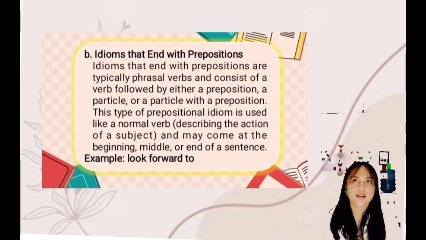Phrasal verbs are language constructions that consist of a verb followed by one or more words, which can be a preposition, particle, or a combination of both. In such idioms, the preposition may follow the verb and often provide additional meaning or change the meaning of the verb.